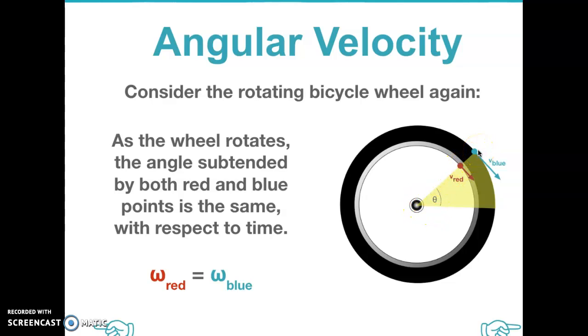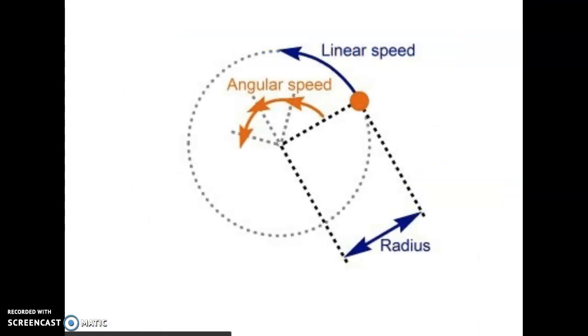Now this is very different to linear velocity. This diagram represents the difference between the two. The angular speed represents the angular displacement over time, and the linear speed is directly specific to the circumference, right? It's the total distance covered. I hope that makes sense.